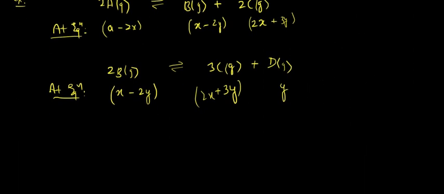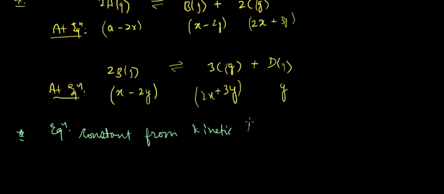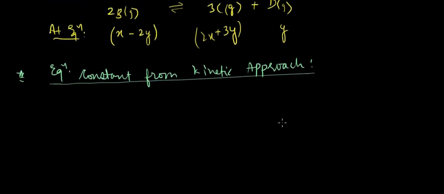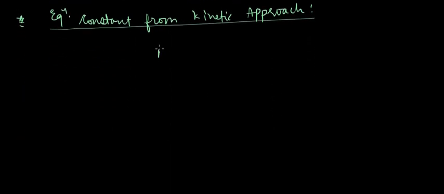Now let's see equilibrium from a kinetic approach. Let's say we have an equilibrium wherein A gaseous is converting into B gaseous plus C gaseous.